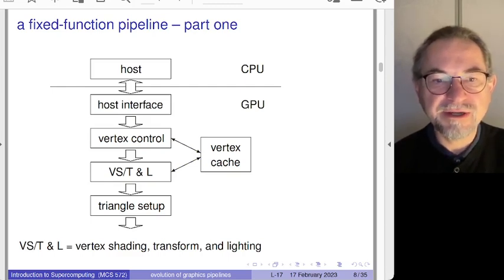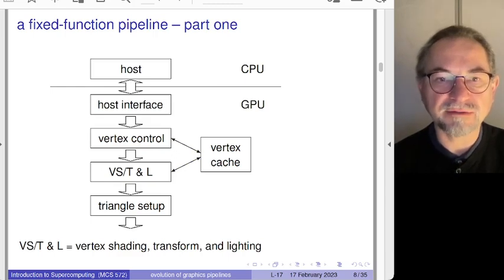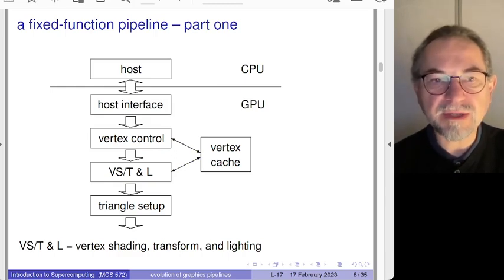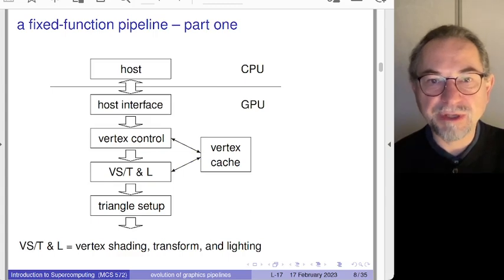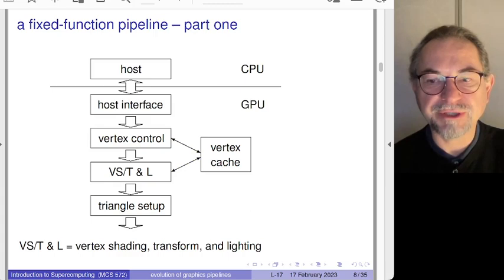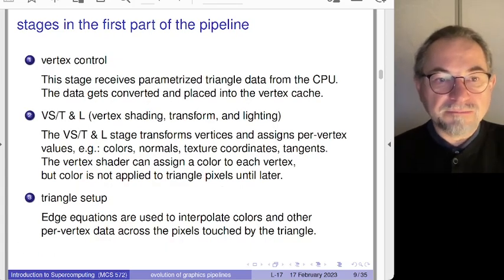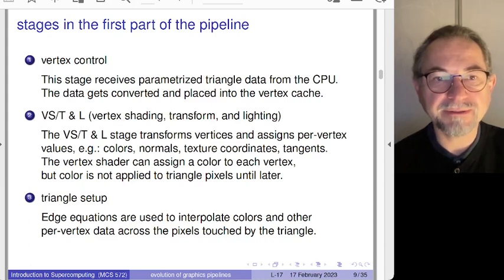So there is the vertex control, the shading, the transform, and the lighting, which will define the setup of the triangles. And there is the main memory, but there is also the cache memory that stores the information of the vertices. So these are the three stages in the first part of the pipeline.